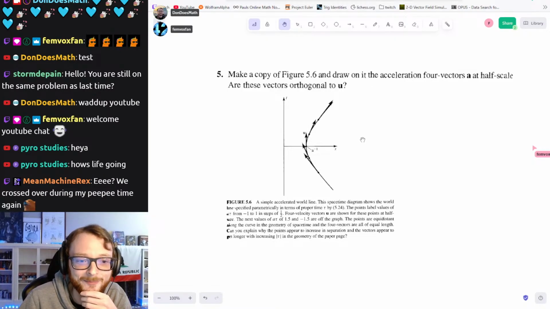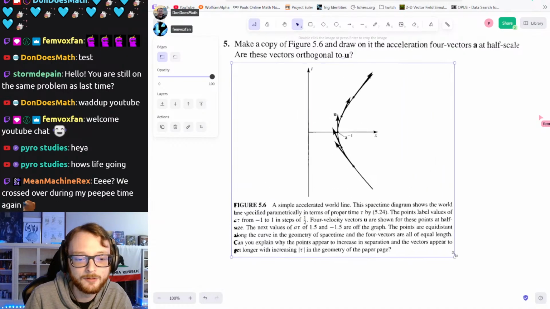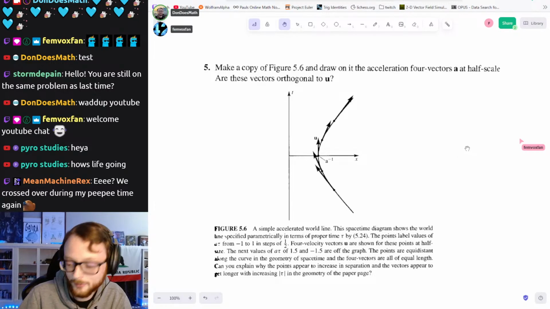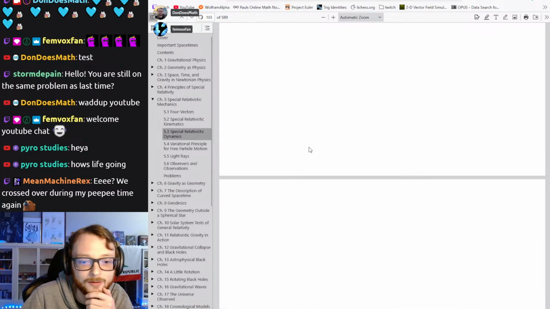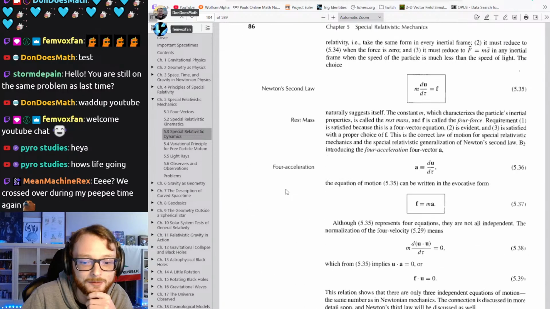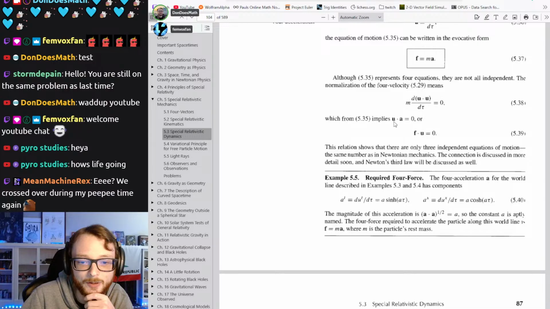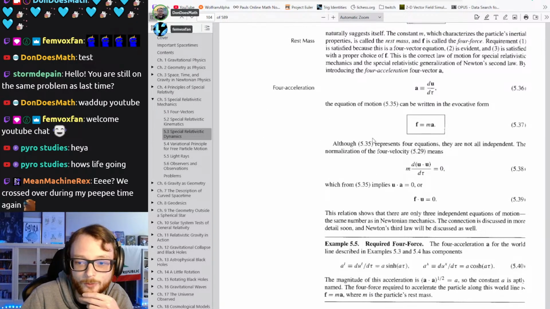All right, so we got figure 5.6 drawn at the acceleration for vectors A at half scale. Are these vectors orthogonal to U? I thought they showed, like, if f dot u is 0, surely f dot a is 0. Okay, yeah, u dot a is 0, I see on page 86. Yeah. Right after equation 5.38.